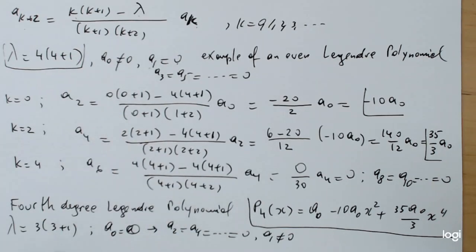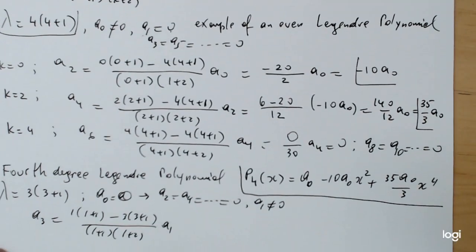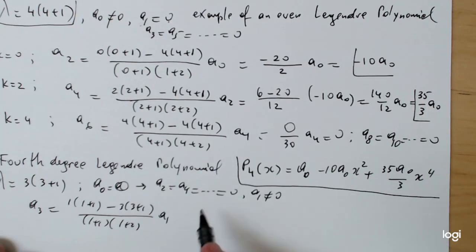If k is equal to 1, the next coefficient is A3: 1 times 1 plus 1 minus 3 times 3 plus 1, over 1 plus 1, 1 plus 2, A1.